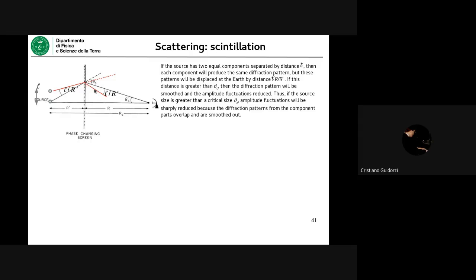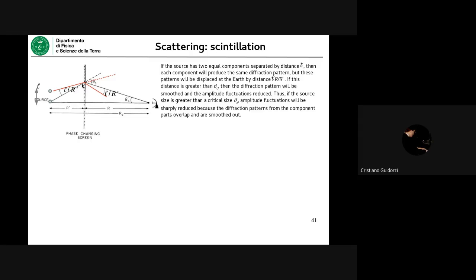The solid line is just the refracting angle. You see that the tilted angle is the same, because the blob here I'm considering is exactly the same blob. So they are tilted by the same angle, and the angle is different because of the different position of the source. In particular, the angle is just L over R prime. L is the distance here, R prime is just the distance here.